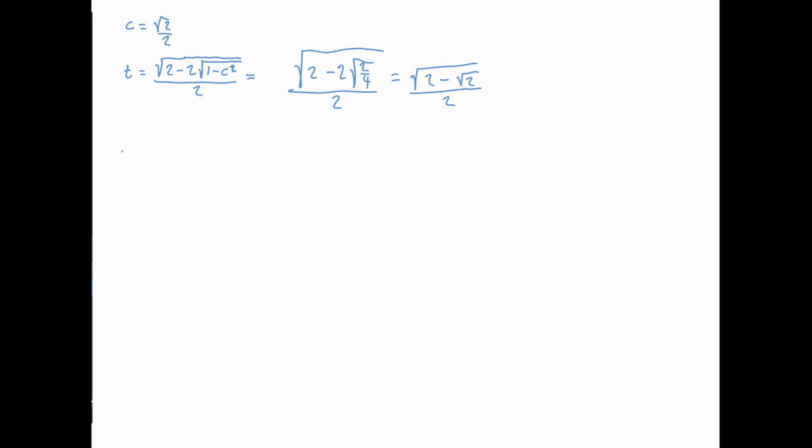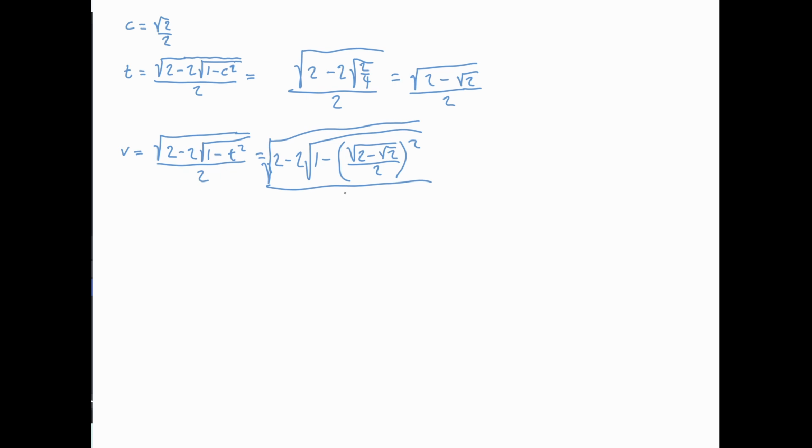If we then take v, which was the exact same formula as the one for t, except that instead of a c squared, we have a t squared over 2, and we feed that into it, then we get that, and that ends up being equal to, if we take just the part that's inside the square here, 2 minus square root of 2 over 4.